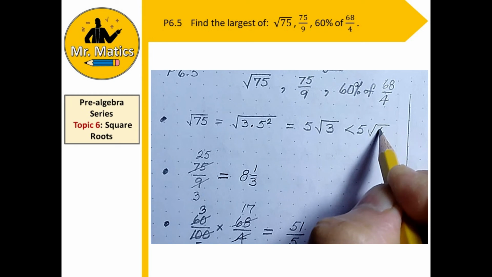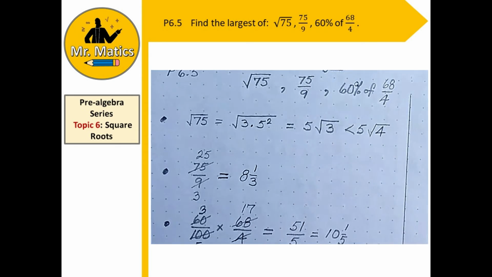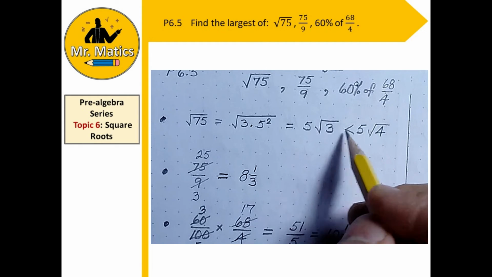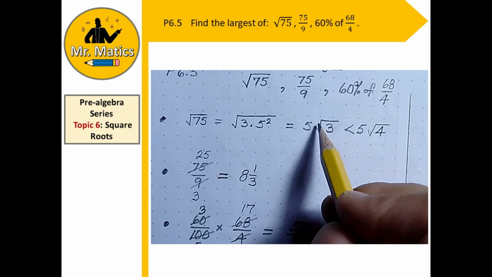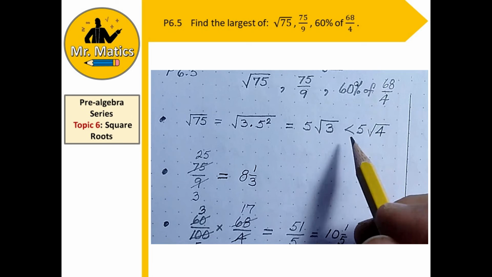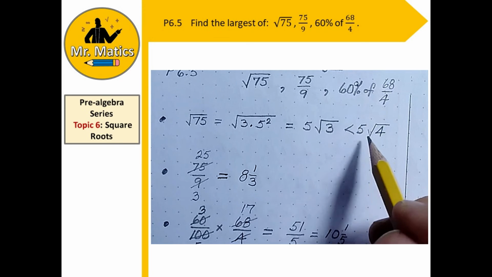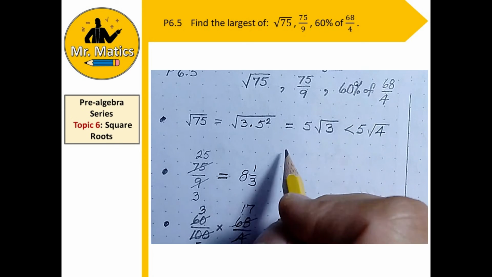We know that 5√3 is less than 5√4, because 3 is less than 4, so √3 is less than √4, and we just multiply both sides by 5.